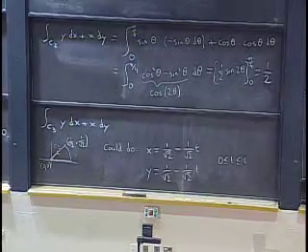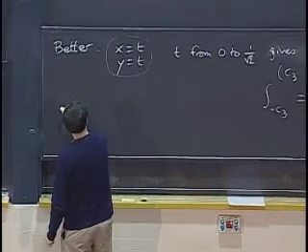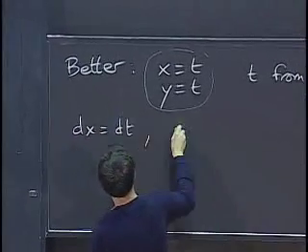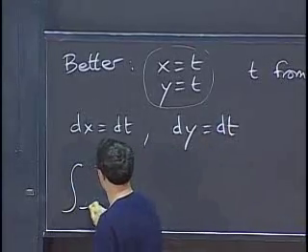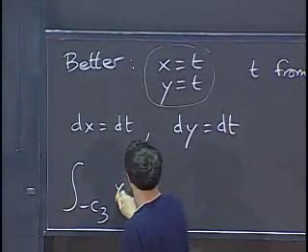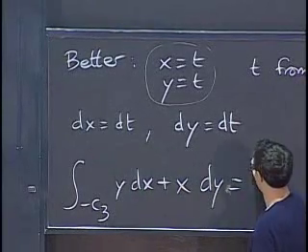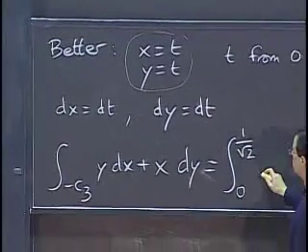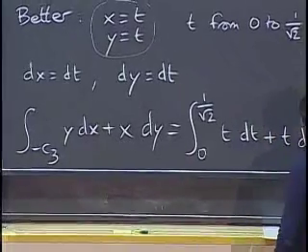Okay, so if we do it with this parametrization, of course, dx is dt, dy is dt. So the integral along minus C3 of y dx plus x dy is just the integral from 0 to 1 over root 2 of t dt plus t dt.